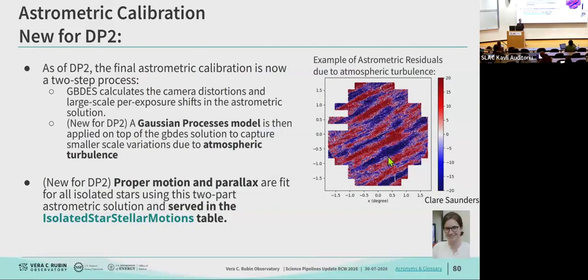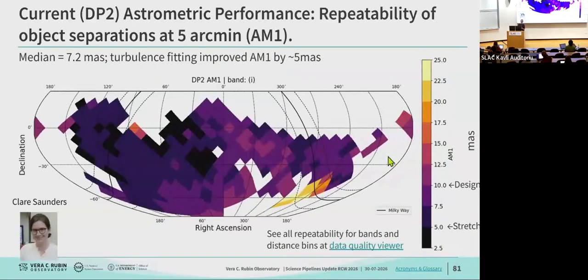We still use GBDES, the astrometric calibration algorithm from DES and Gary Bernstein, but on top of it, we fit the per-visit residuals with a Gaussian process model to fit the atmospheric turbulence. This brings down the average repeatability of positions by 5 milliarcseconds, which is huge.